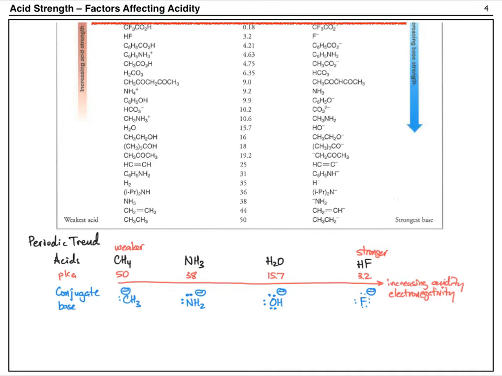So let's demonstrate the increasing basicity with an arrow. So that's going this way. So again, this is increasing basicity. So that's an important trend that you want to understand when you're comparing multiple functional groups within a single molecule that have different types of acidic hydrogens.